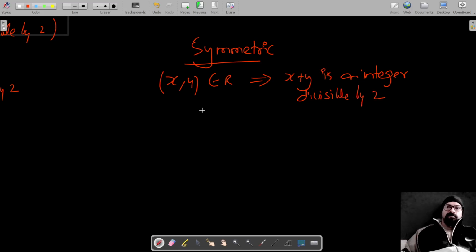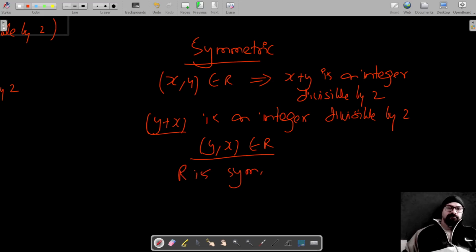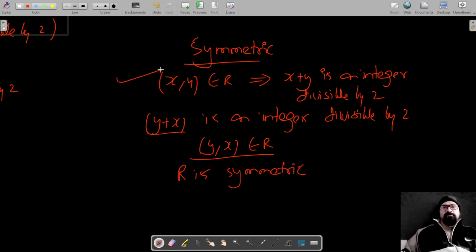So x plus y is an integer divisible by 2 means that y plus x is also an integer divisible by 2. If y plus x is an integer divisible by 2, that means (y, x) belongs to relation R. And that means R is symmetric.